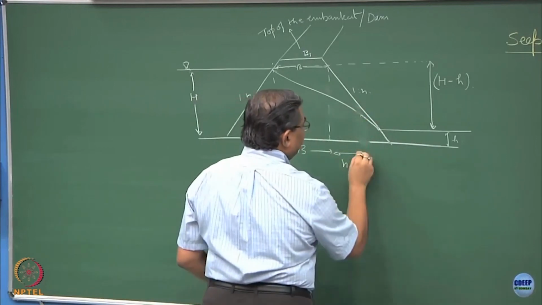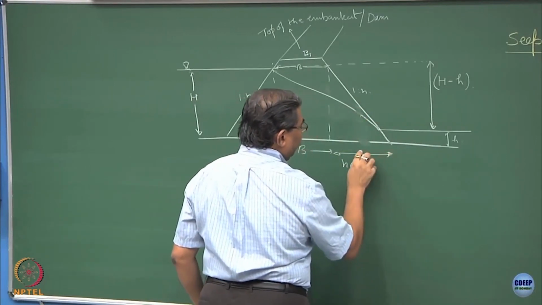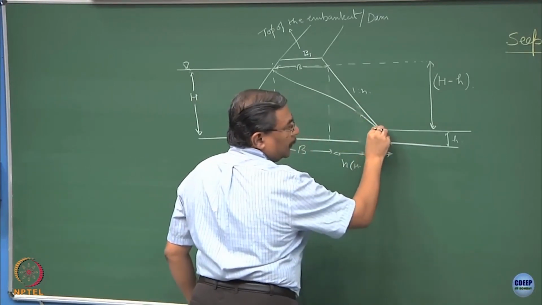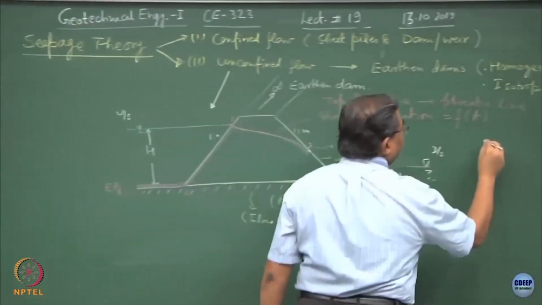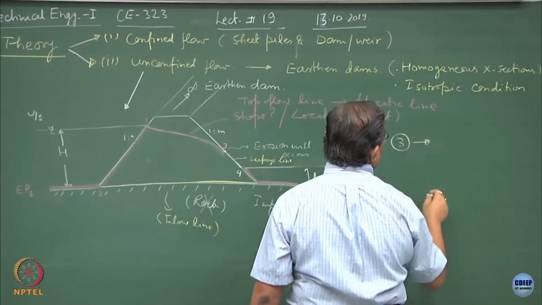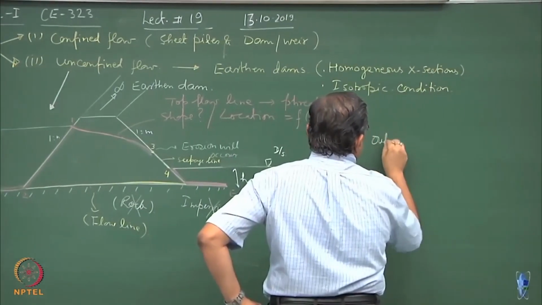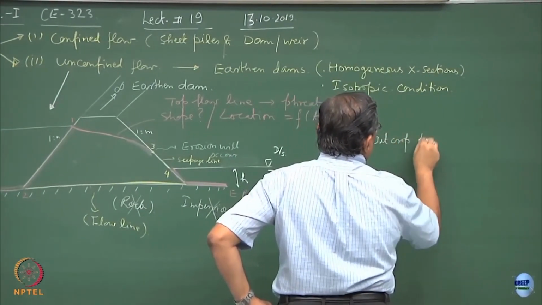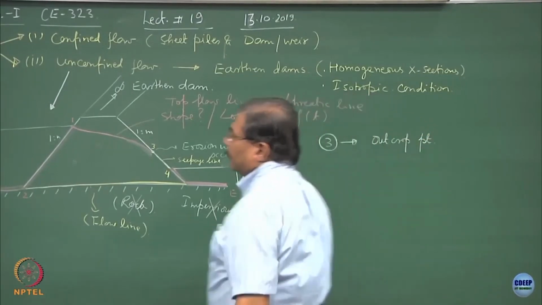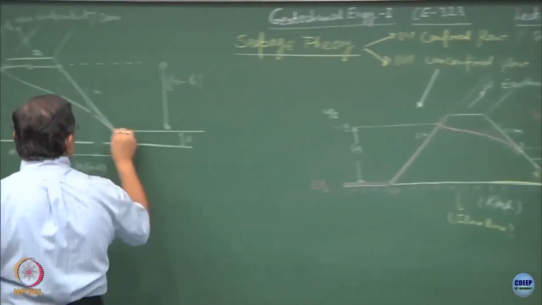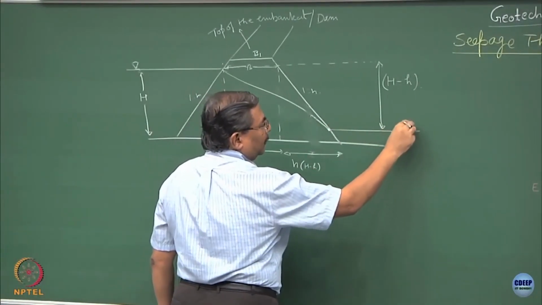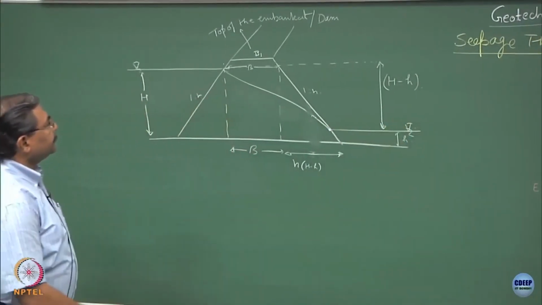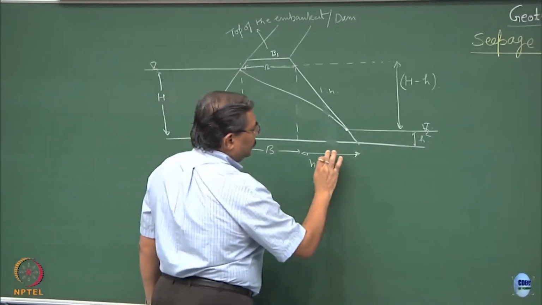So, in this case we are putting the point 3. Point 3 is known as the outcrop point. So, in this case outcrop point 3 happens to be meeting with the tailwater. Is this okay now?